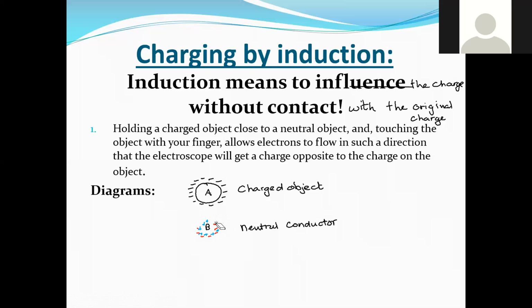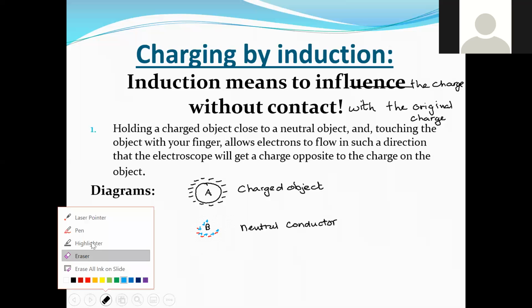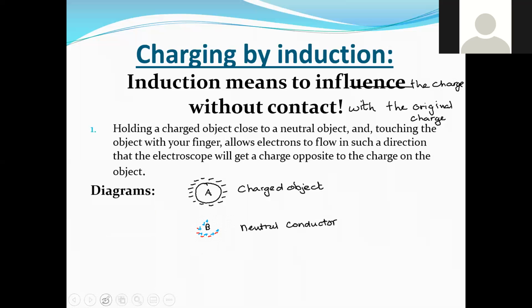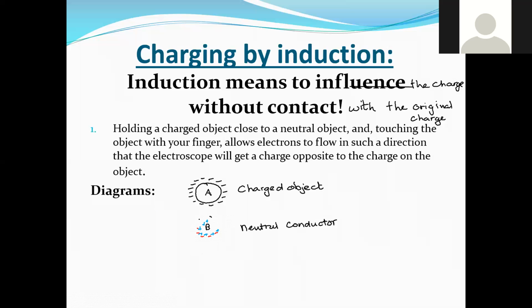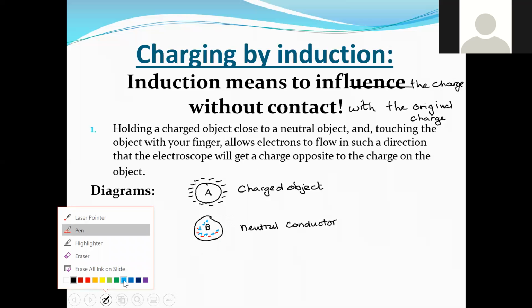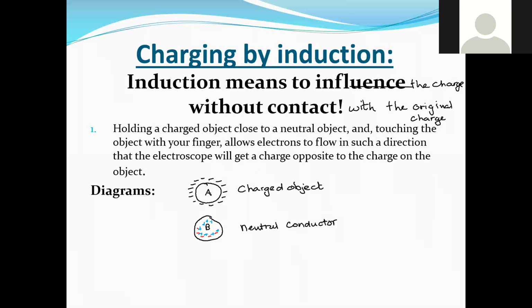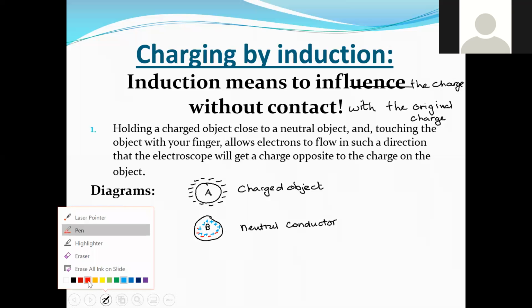The electrons will go, not the protons. The electrons, the red ones, move down to the bottom of object B.